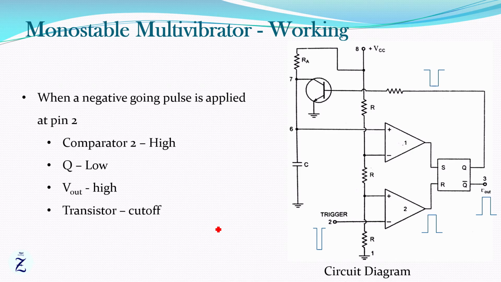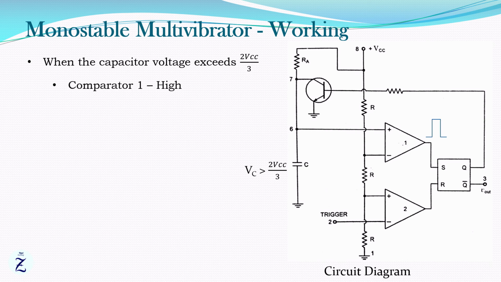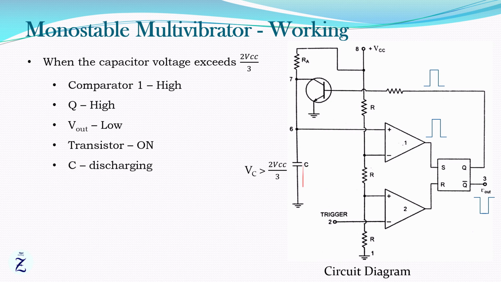As the discharge transistor is in cutoff, the capacitor C begins charging towards VCC through the resistance Ra with a time constant equal to Ra into C. When the capacitor voltage exceeds 2 by 3 VCC, the output of comparator 1 goes high, which sets the flip-flop. Hence, the output becomes low and the transistor goes into saturation. Thereby, the capacitor will discharge rapidly to 0 volt.